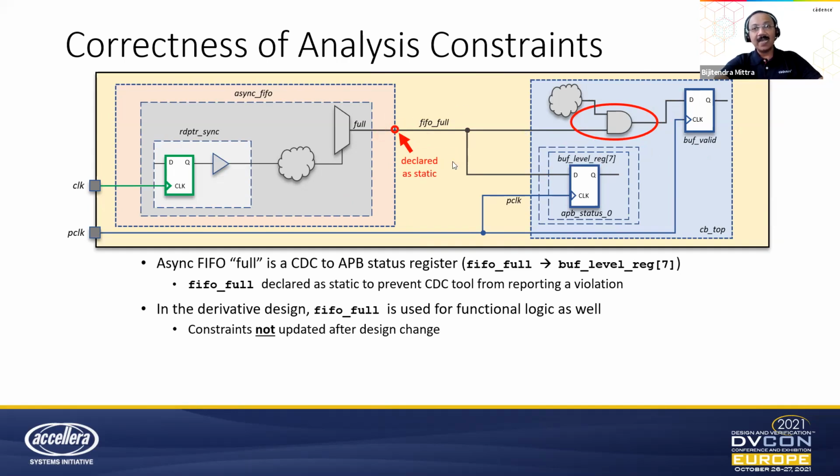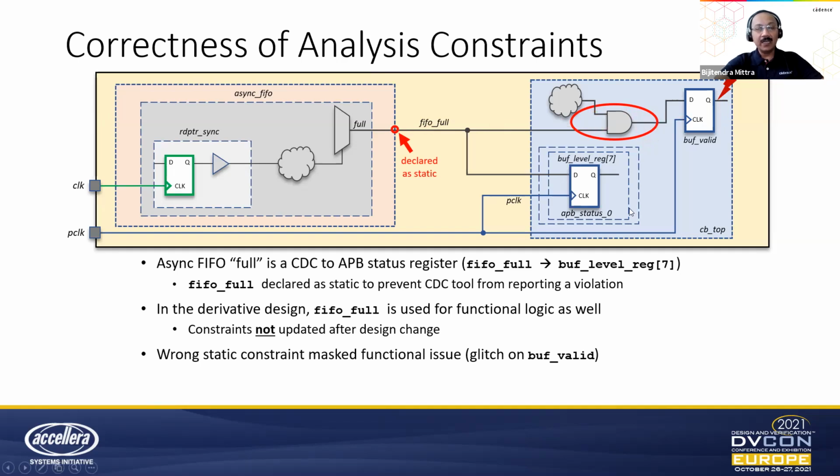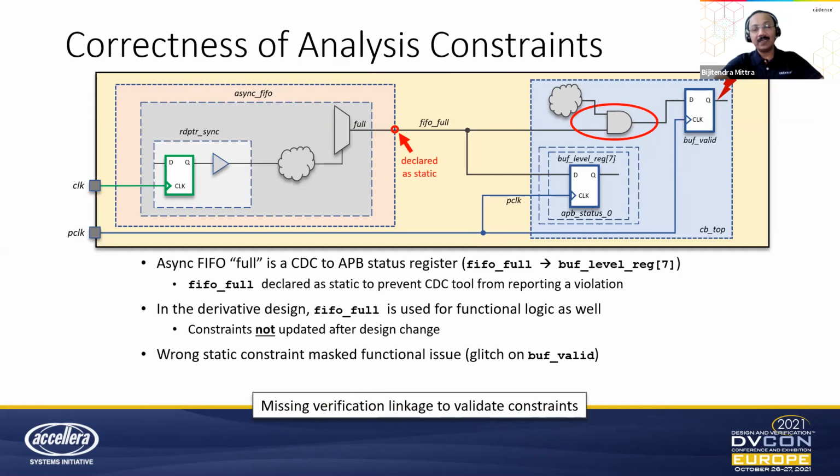As a result, it masked this valid glitch violation on this flop because of the presence of combo logic on this CDC path. Now, had we had a way to validate the constraints, we could have caught it much earlier in the design cycle, which indicates that there is a missing verification linkage when it comes to validation of constraints.